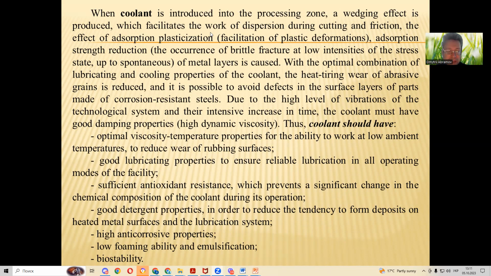Good detergent properties in order to reduce the tendency to form deposits on heated metal surfaces and the lubrication system. High anti-corrosive properties, low foaming ability and emulsification, biostability.